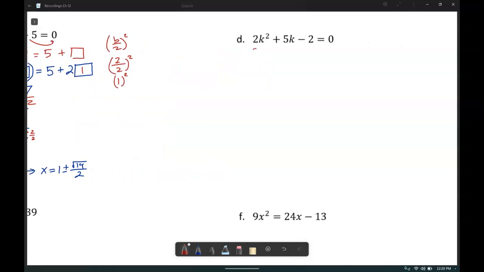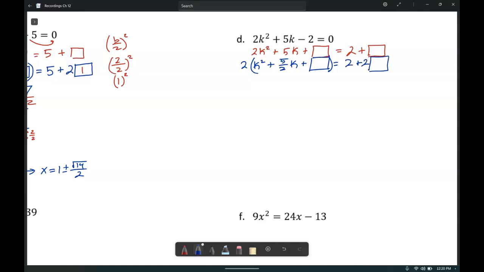To add a little bit more complexity, let's look at d. Same process to start. We move the 2, add our boxes. But here, note that when we factor out our leading coefficient, 5 isn't evenly divided by 2. So we're left with a fraction, 5 halves. We still follow the same procedures, but now our b value is 5 over 2.